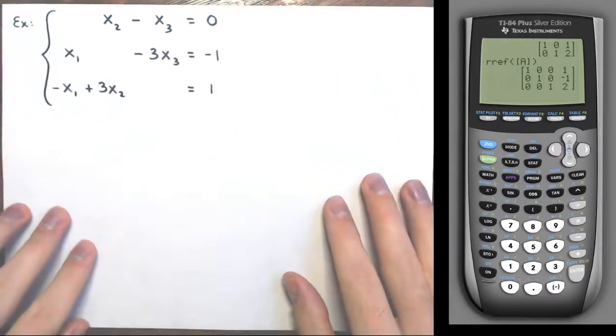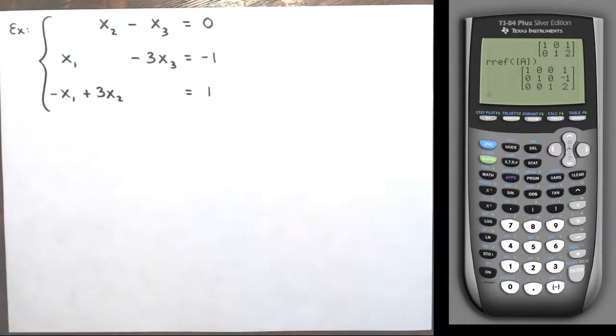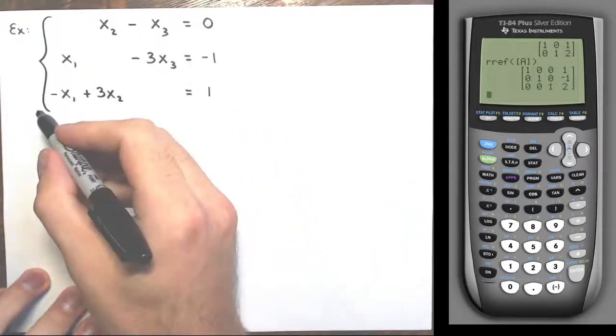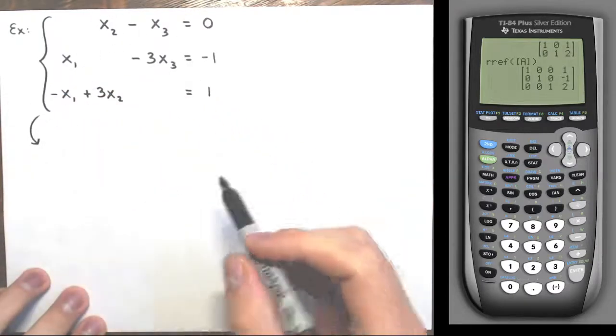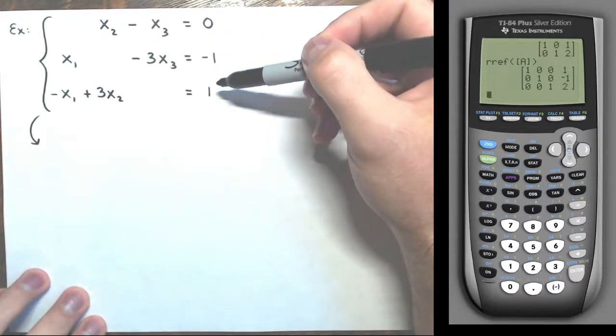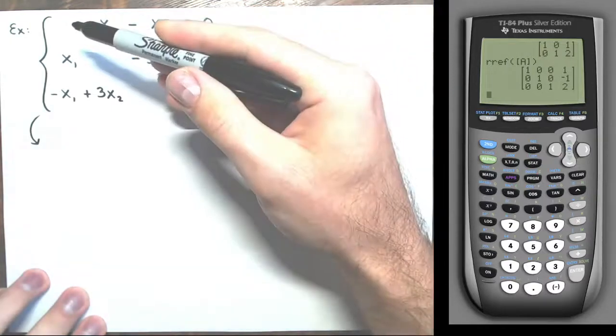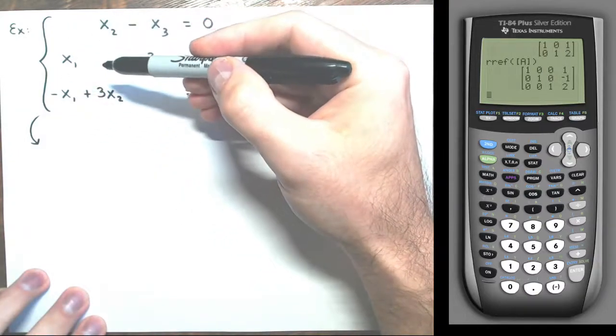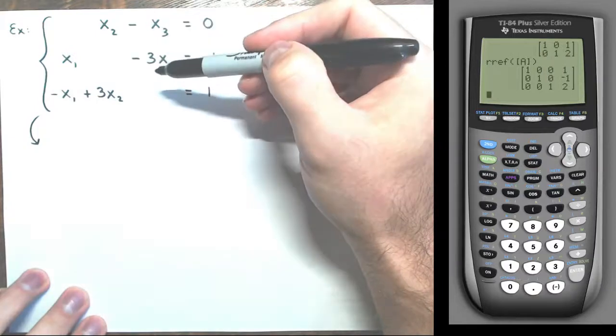All right, so another one. Again, it's 3 equations, 3 variables, and really you can ask this question: can the vector 0, negative 1, 1 be written as a linear combination of 0, 1, negative 1, 1, 0, 3, and negative 1, negative 3, 0?